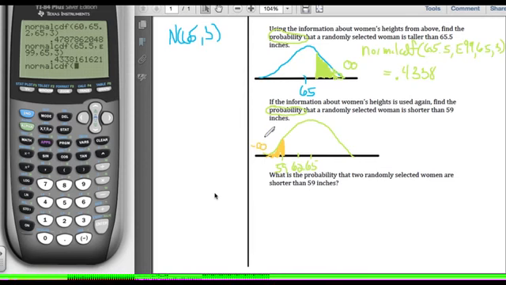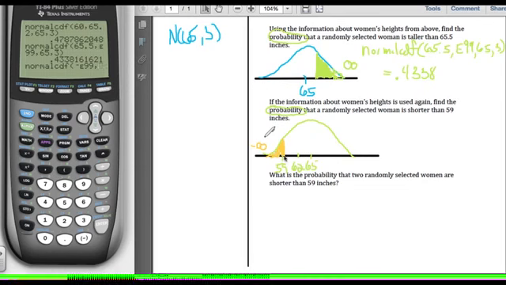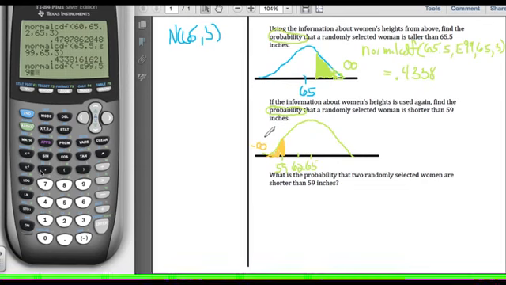To input that in my calculator, it is negative E99. So negative button, second comma brings up my E99. Comma, my upper bound, my shading stopped at 59. Then put in my mean and my standard deviation. Hit enter.